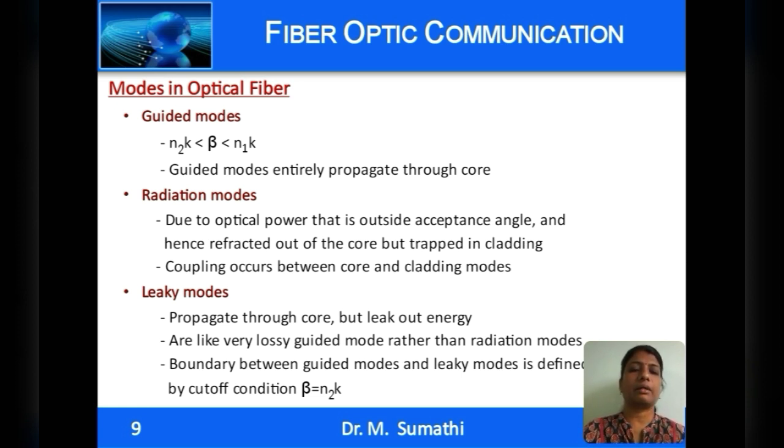They are like very lossy guided modes rather than radiation modes, and the boundary between the guided mode and the leaky mode is beta equal to n2k. When the value of beta is increased beyond that, the energy in the cladding decreases, and when beta is equal to n1k, all the energy of the wave is in the core.